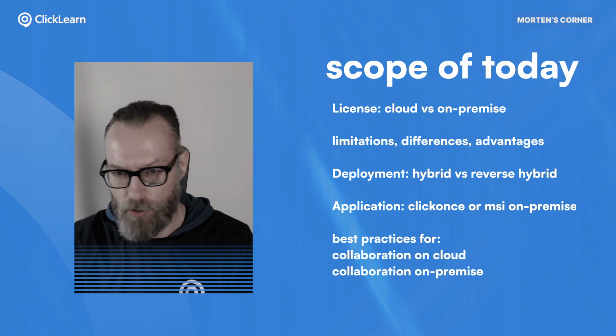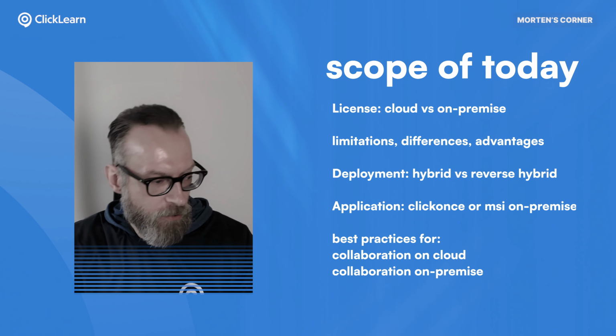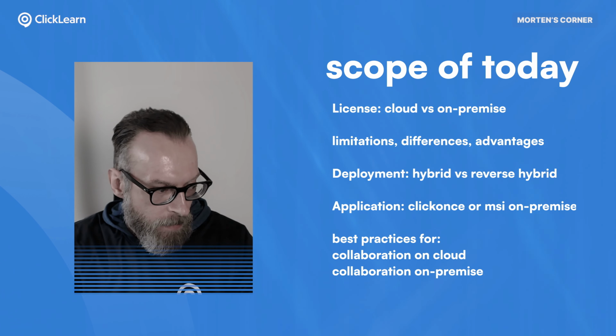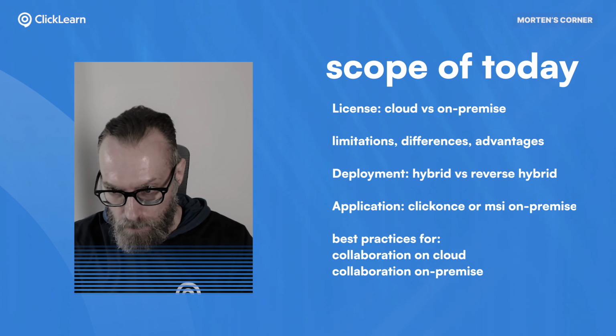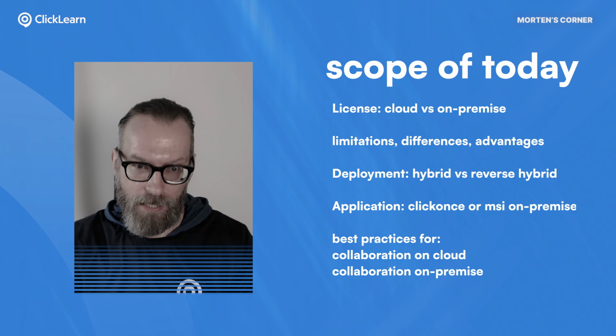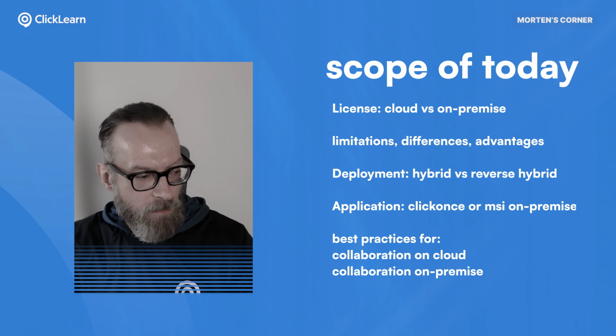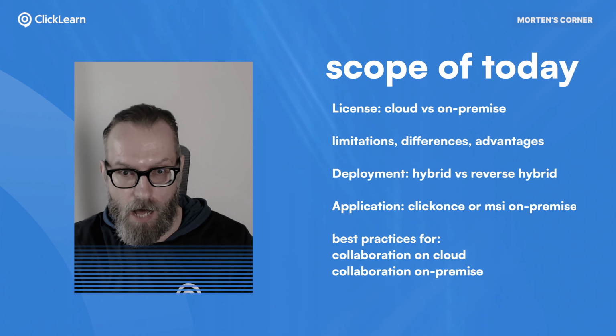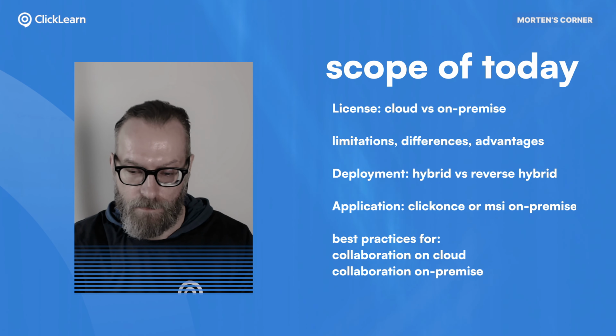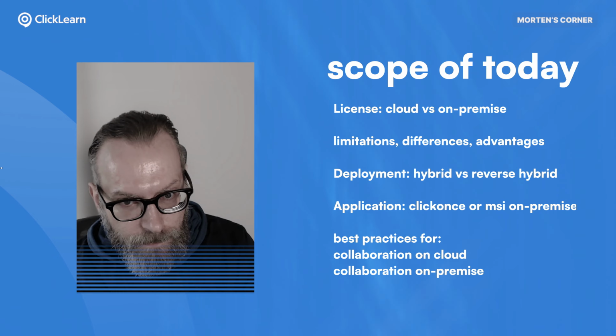Then I'll talk a little bit about a hybrid versus a reverse hybrid approach. Then we'll be talking about the installation of ClickLearn itself, on-premise versus running the cloud version. And then we'll talk a little bit about best practices for collaboration, because they differ a lot between the two versions. So let's go ahead.